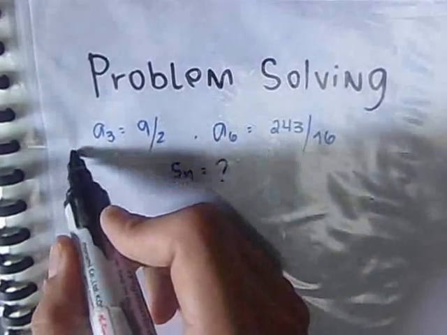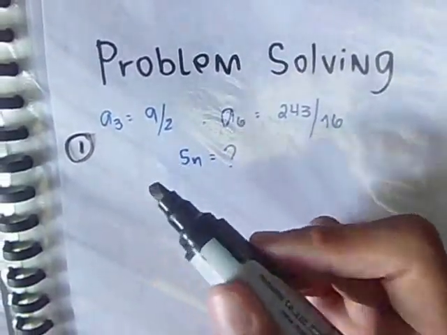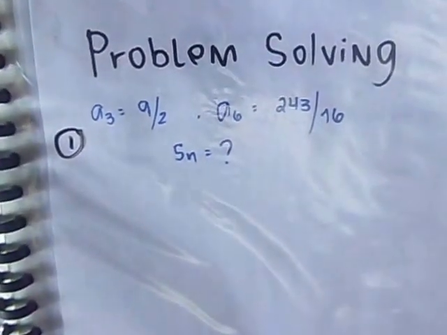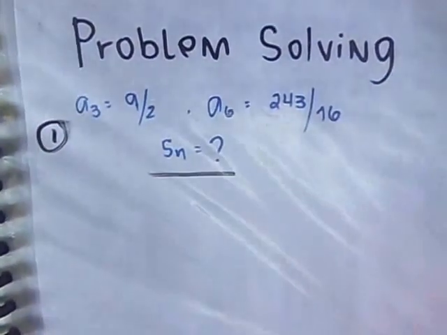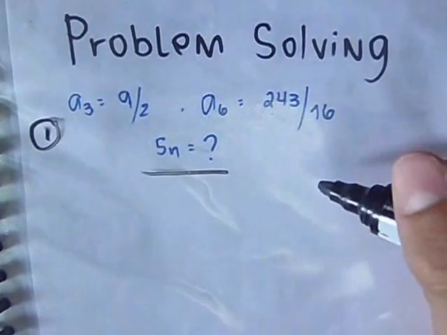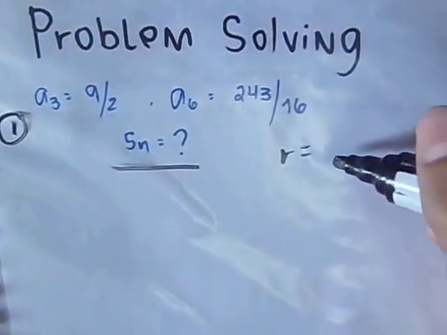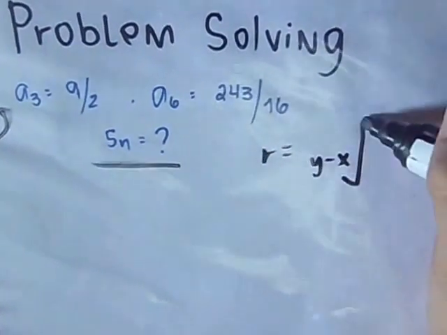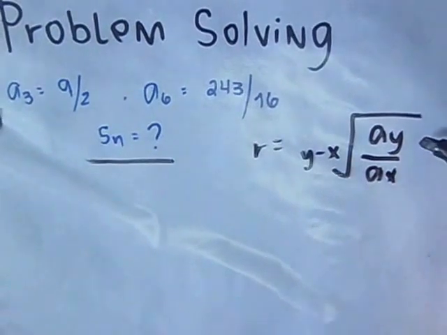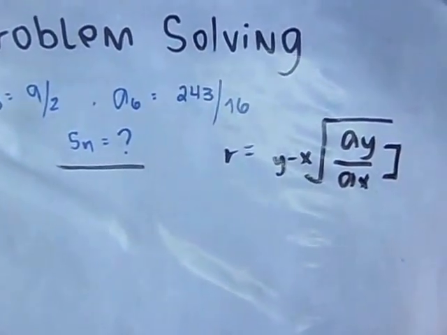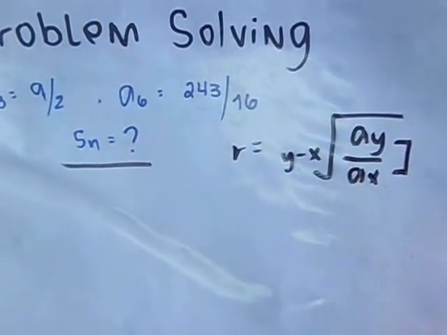In problem number 1, we have the given a sub 3 is equal to 9/2, a sub 6 is equal to 243 over 16, and we are asked to find S sub n. For us to find our common ratio, we can actually use the y minus x root of a sub y over a sub x, where a sub y and a sub x are non-consecutive terms in a geometric sequence.